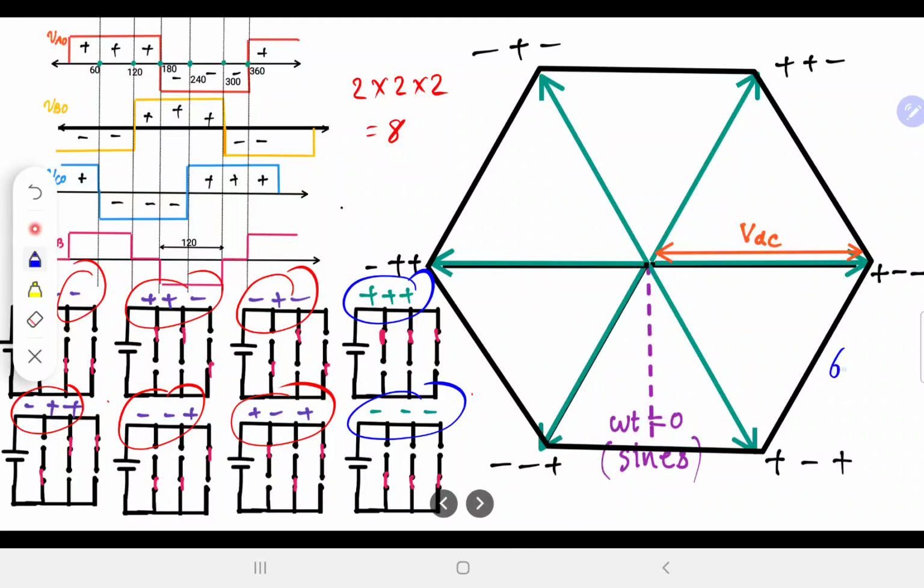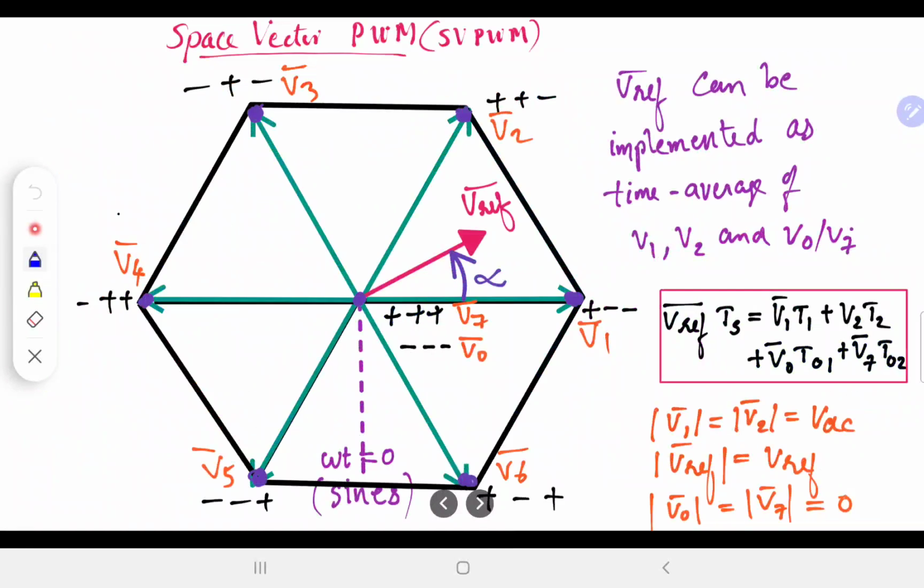Okay, 6 active vectors and 2 zero vectors, zero vectors meaning that they are not delivering any power from the input to output side. So together we get 8 switching states.